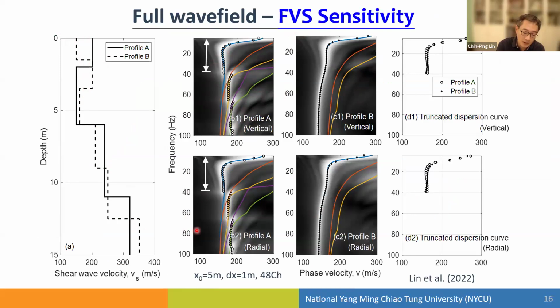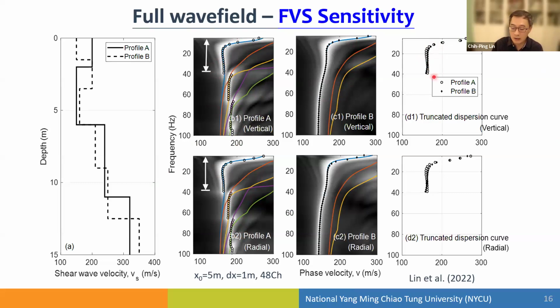When we solve the full wave model, we can compute not only vertical displacement but also horizontal displacement, so in the future we can consider multi-component surface wave methods. Most of the time, the vertical and radial dispersion spectra look very similar. The two profiles give very distinct dispersion spectra, but their fundamental modes are very, very close.